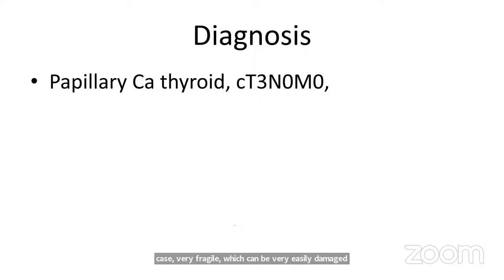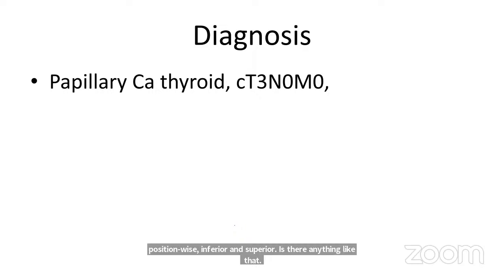Okay, what else? There are some other aspects, no? By position, inferior and superior parathyroid, is there anything like that? By position, the superior parathyroid lies dorsal to the nerve and the inferior ventral.